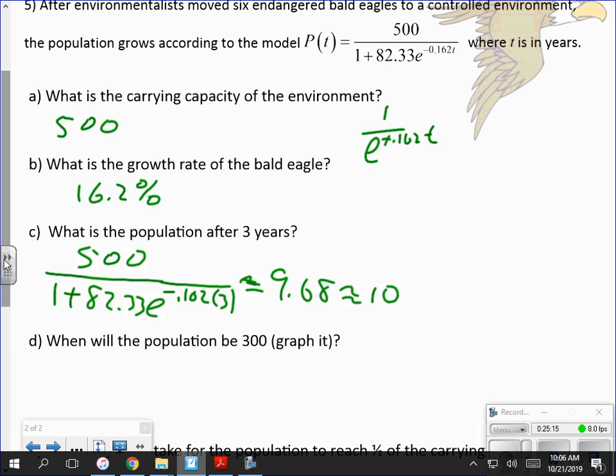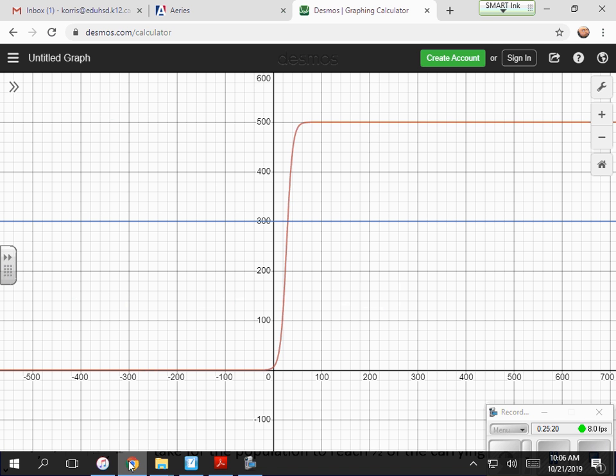Now it says, when will the population be 300? Graph it, and I did. So I graphed it, and this is the logistical model. Look what happens. It starts out almost nothing. It's at like 1 right here.